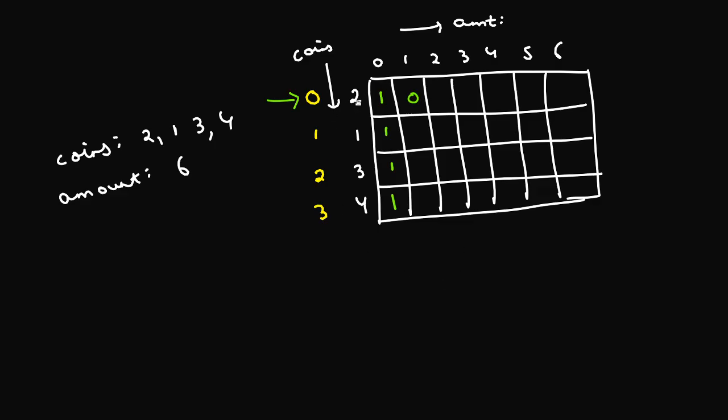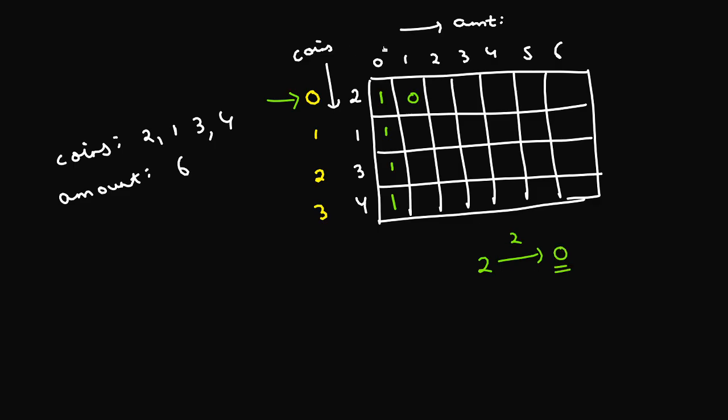Can you create an amount of 2 using the coin of 2? If you apply that logic, either you use this coin or you don't use this coin. If you don't use this coin, you don't have anything left, so there is no point in that. But if you use this coin and you have to create an amount of 2, the remaining amount that you have to create is 0.